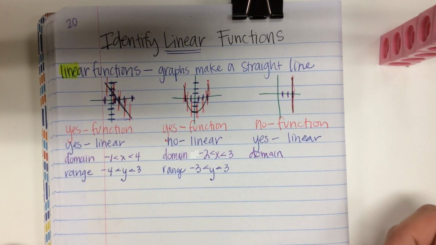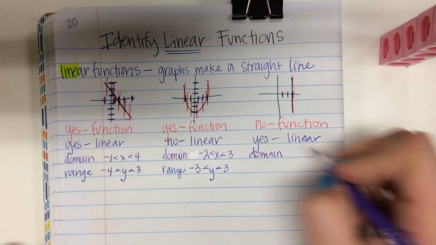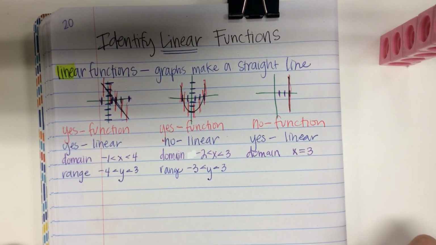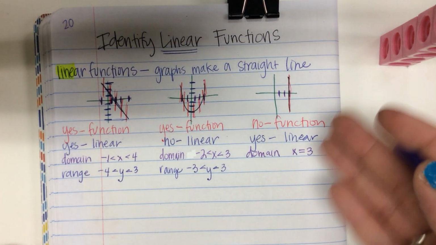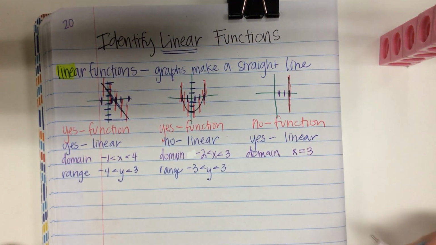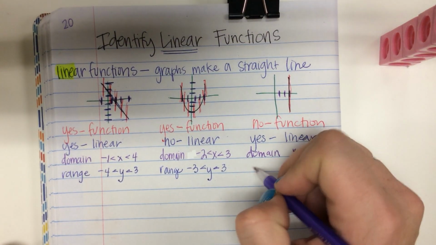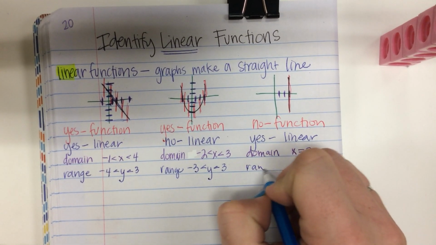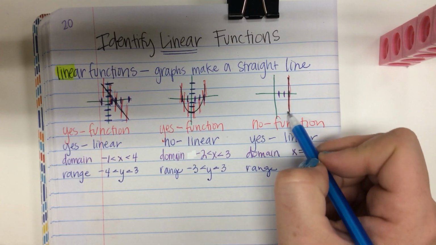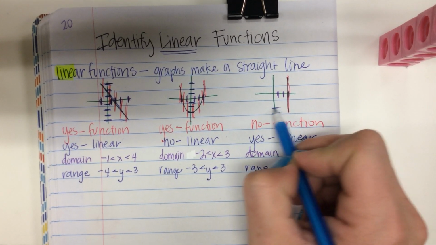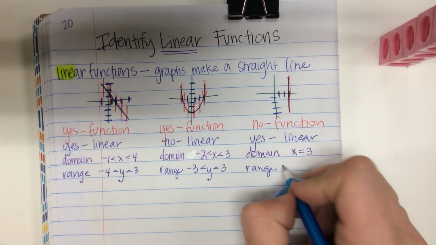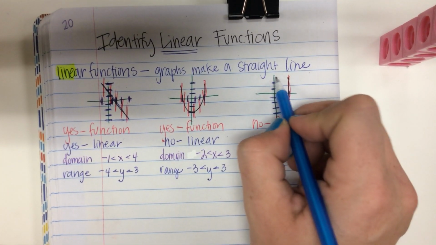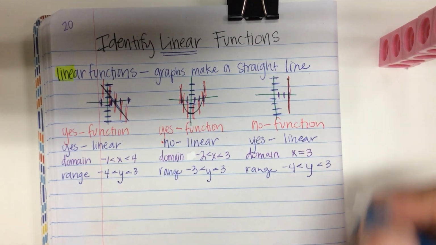Is there any other value besides 3? So my domain value is 3, because that's the only place that it hits the x-axis. And let's talk about my range. Well, it's down here, so 1, 2, 3, 4, -4, and 1, 2, 3, +3.